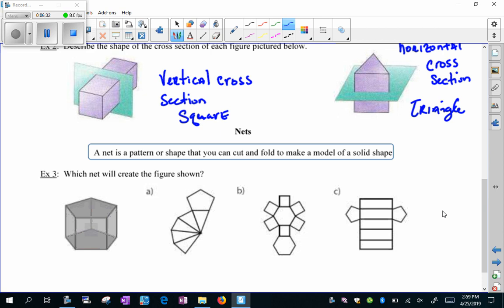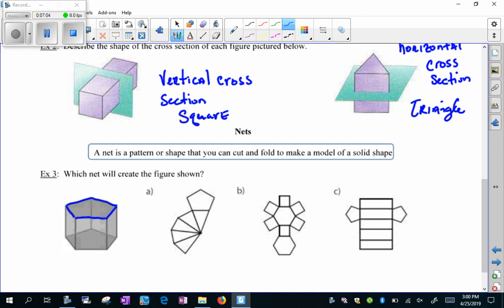So for the figure shown, if I look at my base, it has 5 sides, so that's a pentagonal prism. Now I have to look and see which one of these figures is going to give me that pentagonal prism once it is opened up.